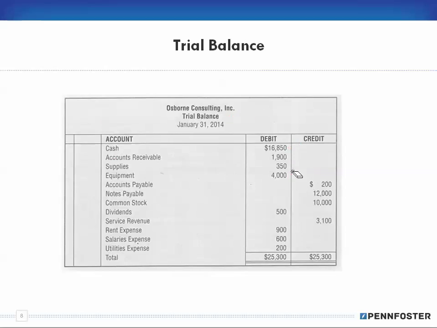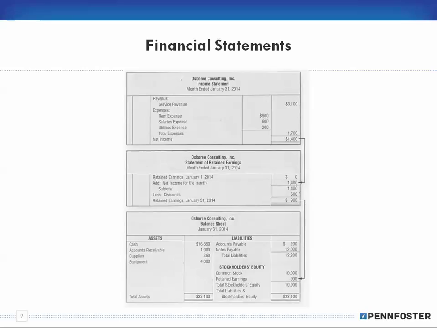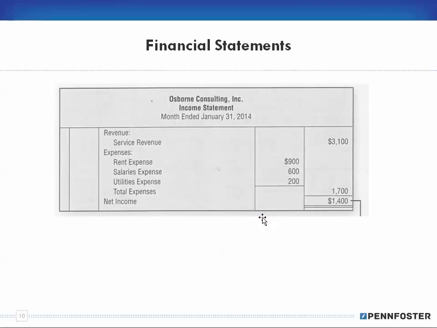And in chapter 2, he immediately went from the trial balance to creating the financial statements. You can see that we started out by doing the income statement first, and then he created the statement of retained earnings, and that allowed us to create the balance sheet. Here's an easier look at it.